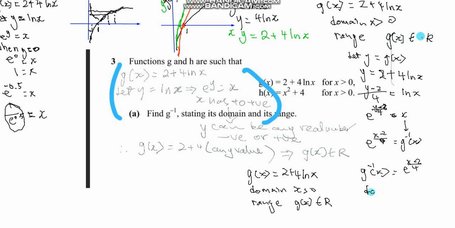So the domain will be, this becomes the x, which, okay, then the range will take on the domain, so this must be the range, which is g inverse x must be more than the x value.